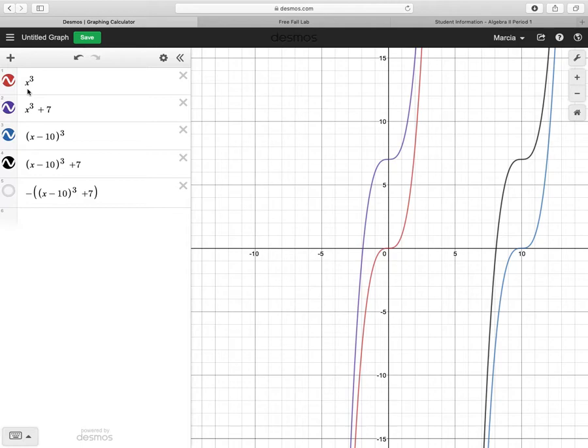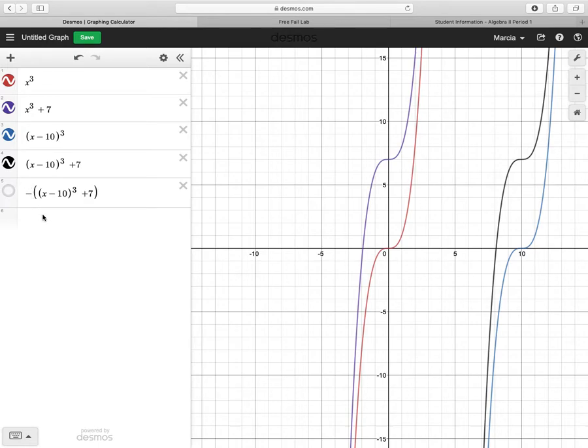Now, the next thing that we're going to do is a reflection. So I've put a negative sign in front of this whole function, all right? I'm taking this entire function that's in black, and I put a negative sign in front of it.